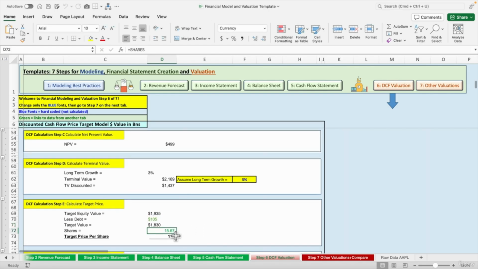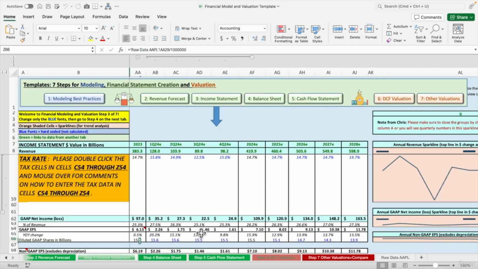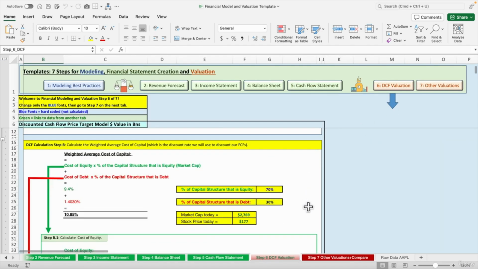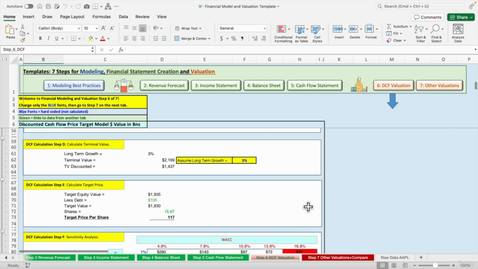Then we take the number of shares, which is from our income statement, and I can always link to there, down here, from our income statement. And then, let me just scroll down here again, sorry. Now that we have the number of shares, we can take the target value of the company divided by the number of shares to get us a target price of 117.